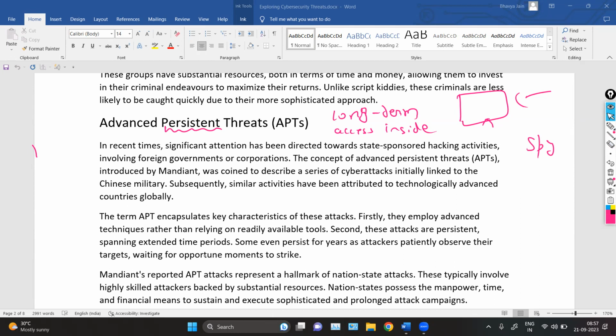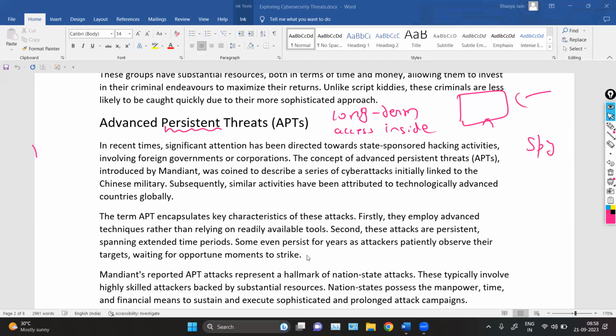For example, let's say I have shared a malware with you, and now that malware is inside your registries, or inside your system, and whenever you turn on the system, that malware also starts with your system. Now that malware is running in your startup. So whenever your system boots up, that malware also starts up.